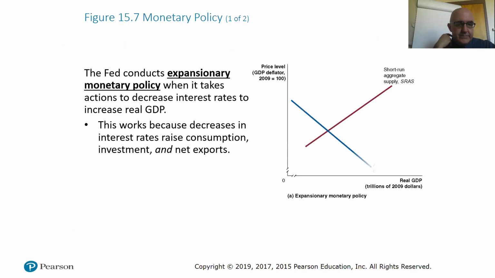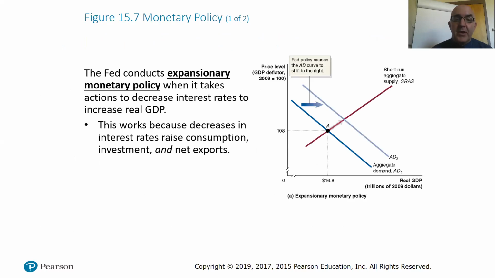And so the Fed conducts expansionary monetary policy when it takes actions to decrease interest rates to increase real GDP. They're wanting to expand the money supply, to put the interest rate down.